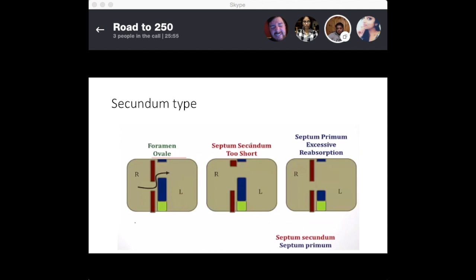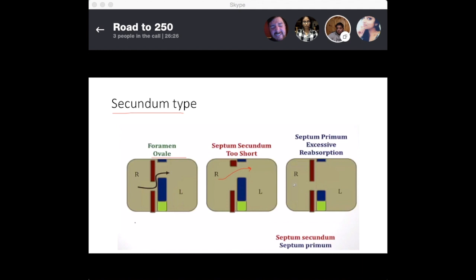But there are multiple reasons why the secundum type of ASD can occur, and that's possibly due to the septum secundum being too short. If it does not come down as much as it should, it will always leave this opening hole for the blood to cross. Or if the septum primum has an excessive reabsorption, because you're needing a gap essentially to keep the blood flowing in high pressure situations.